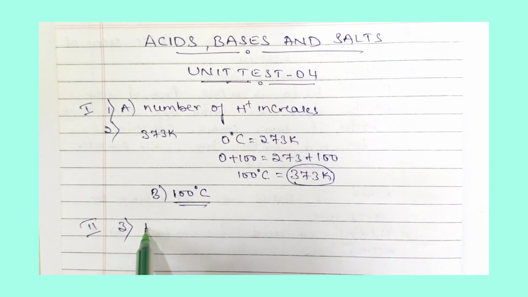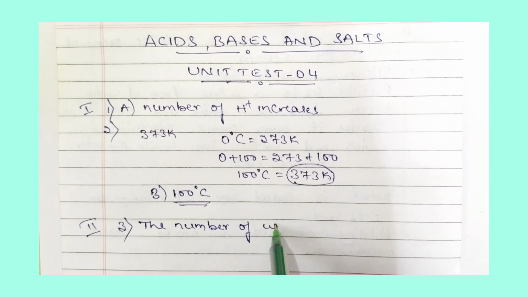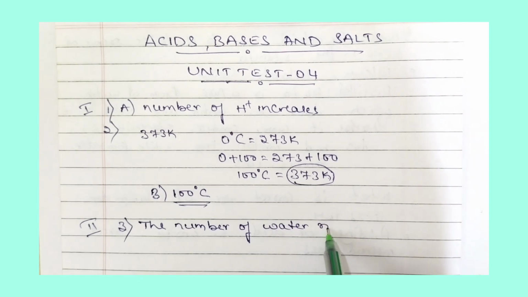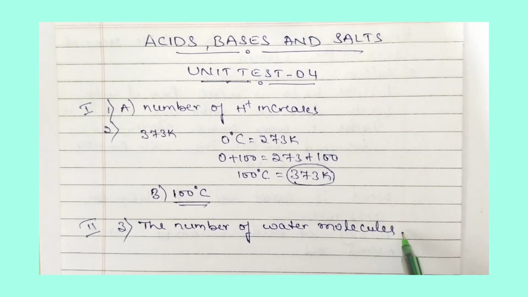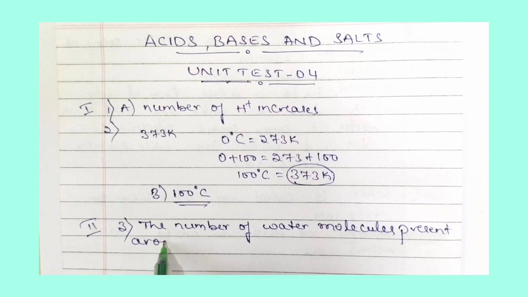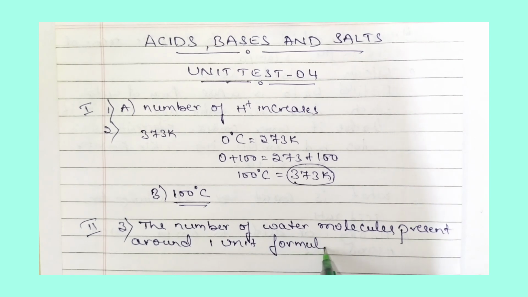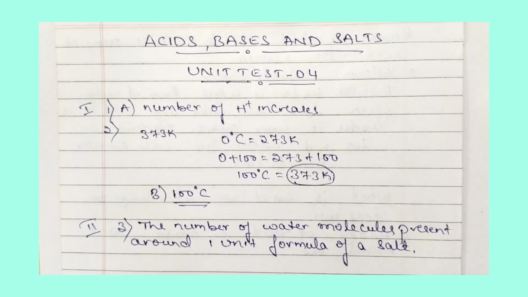Water of crystallization is defined as the number of water molecules present around 1 unit formula of a salt.